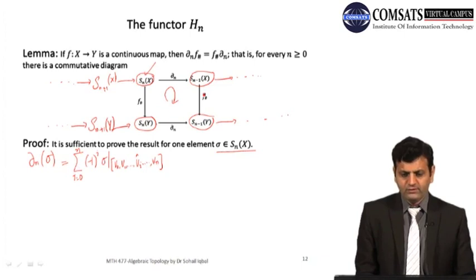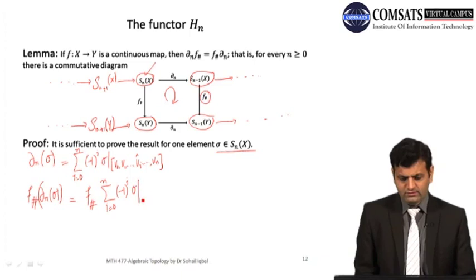Now I want to calculate the image of f hash of this element. So let's see how to calculate this. f hash applied on this is equal to f hash applied on the sum from i equals 0 to n of minus 1 raised to power i, sigma restricted to v0, v1, vi hat, vn.